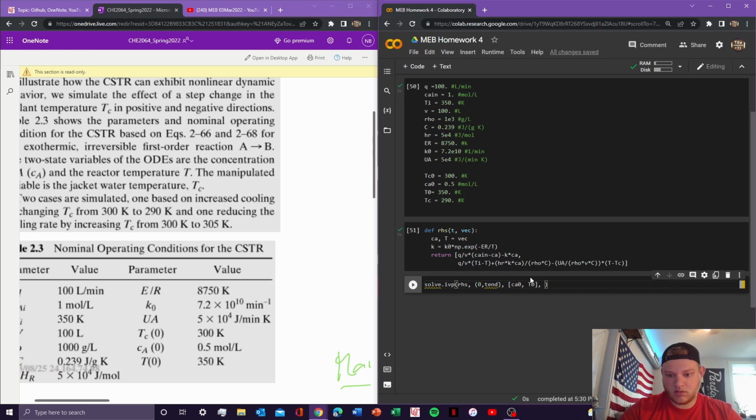Give me the suggestions. Not mode. Method. We want our method to be Radau. And then what's the last part? We want our dense output to be true.